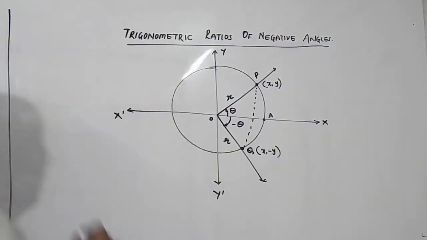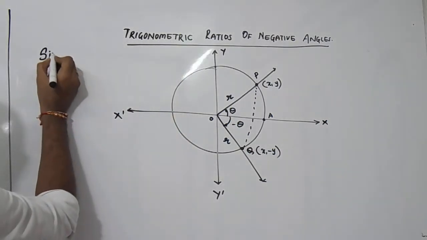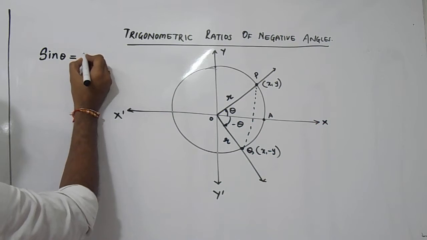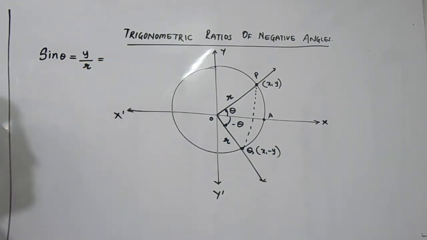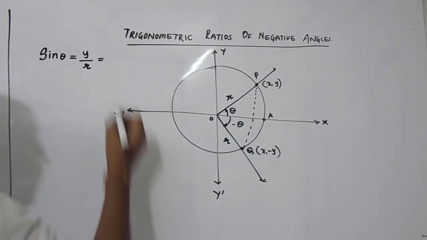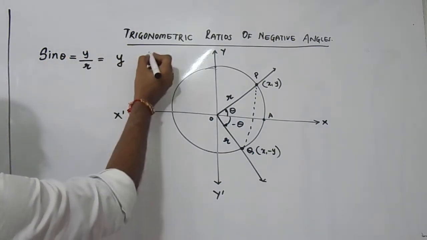As we have already seen, sin theta is equal to y by r. If r is equal to 1, for a unit circle, then sin theta is equal to y.